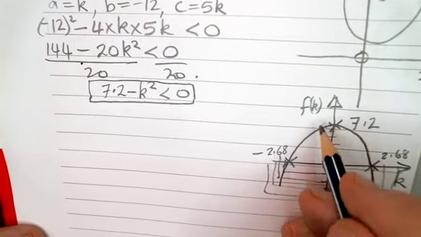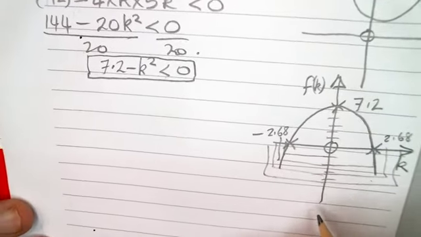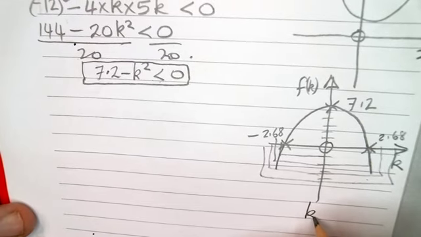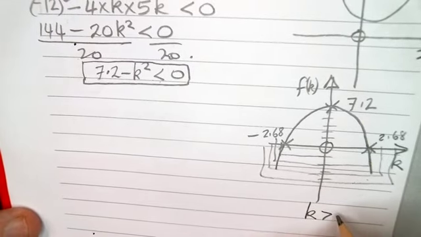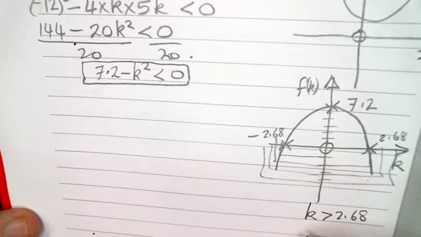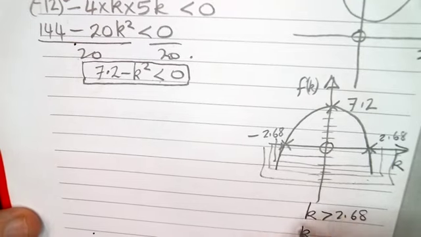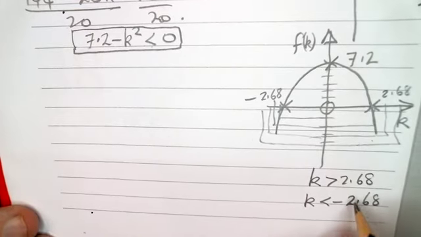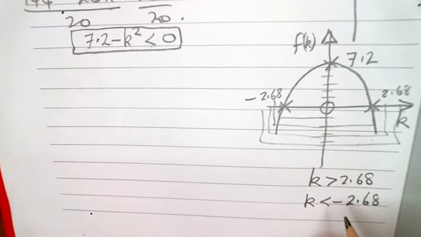So the values of k which make this true are k greater than 2.68, and also k less than negative 2.68. And that's how we would calculate our solution.